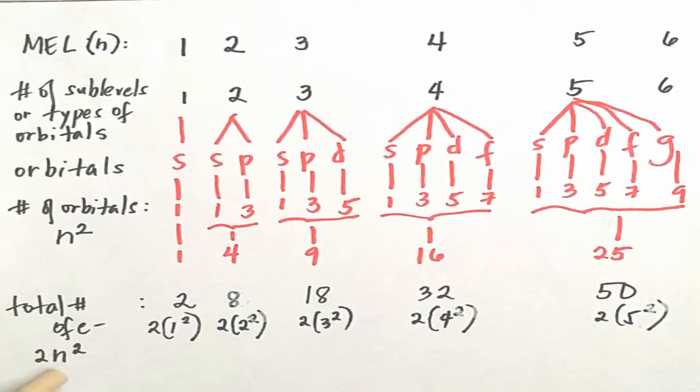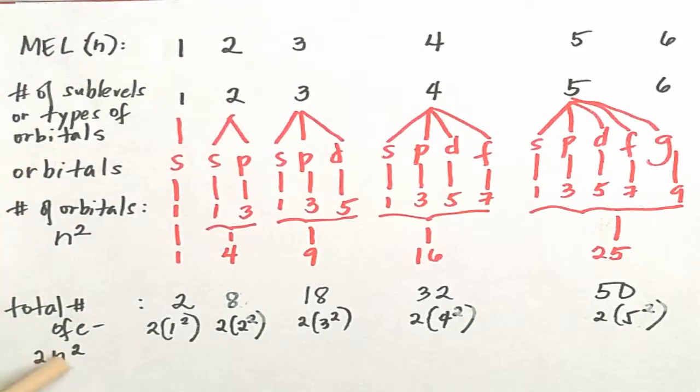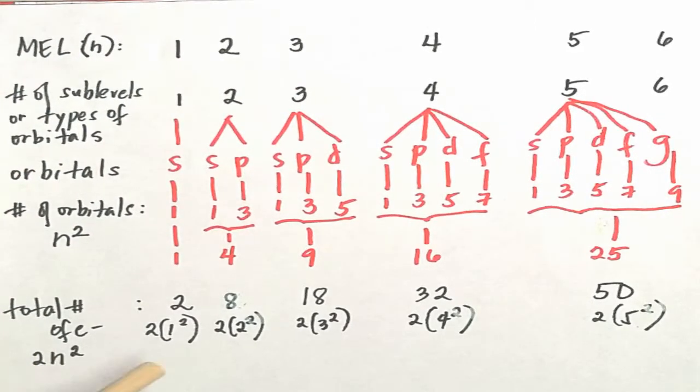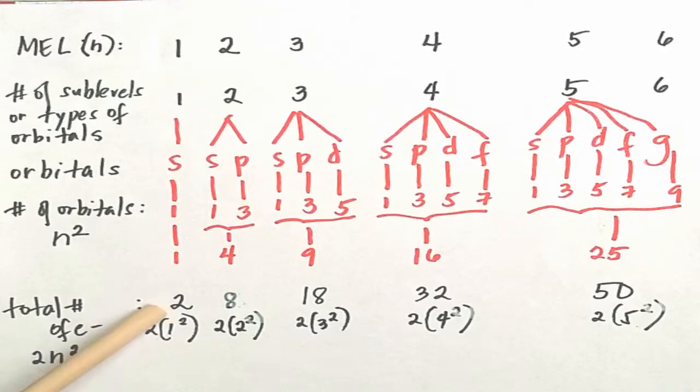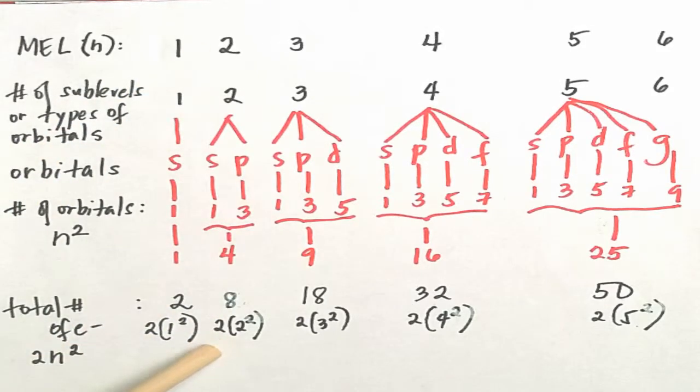And if we are looking at the total number of electrons in each main energy level, the formula is 2n squared. So 2 times 1 squared is 2. That is the maximum number of electrons in the first main energy level. 2 times 2 squared is 8.